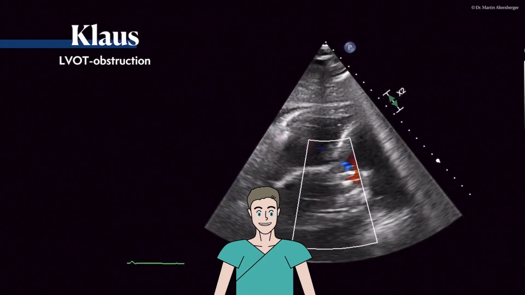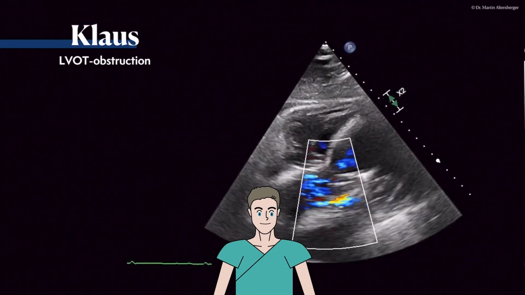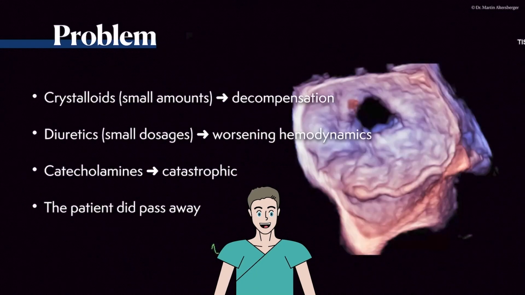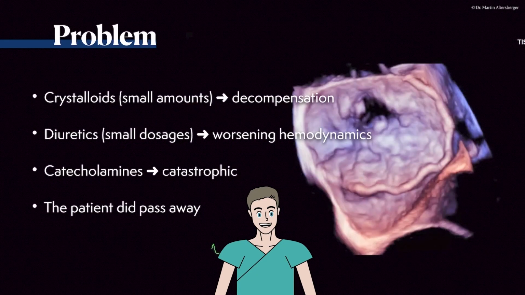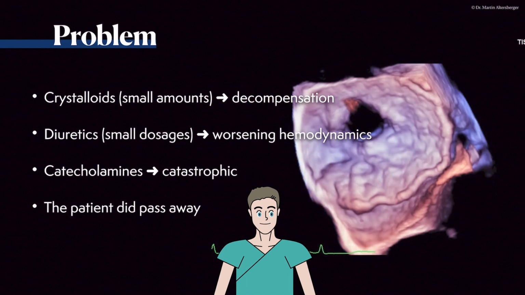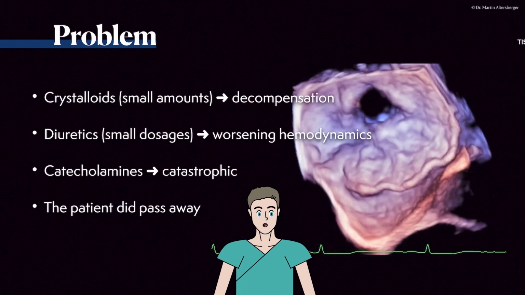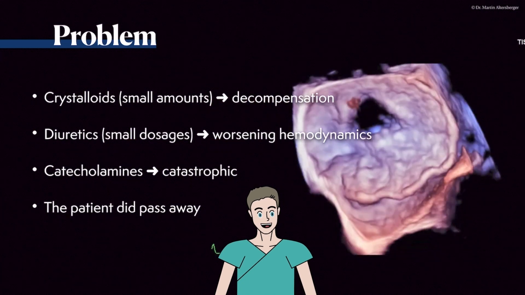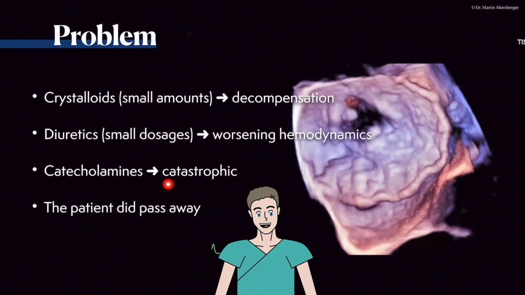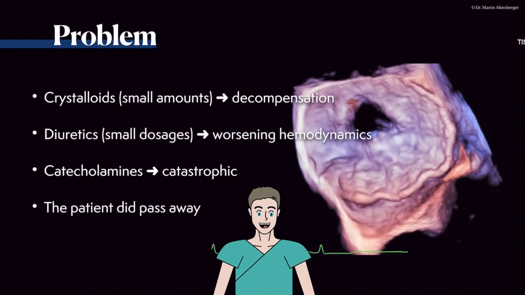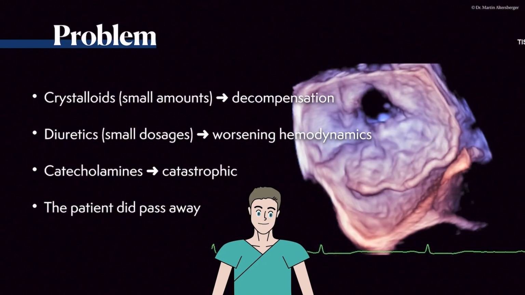So LVOT obstruction leading to decompensation, and in his case, small amounts of crystalloids led to decompensation. With small dosages of diuretics, there was severe worsening of hemodynamics. The use of catecholamines was catastrophic for this patient, and eventually, unfortunately, this patient did pass away.